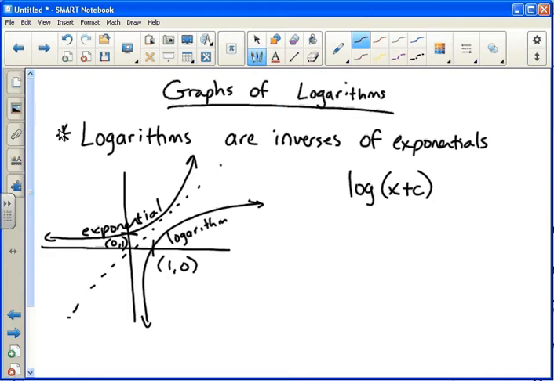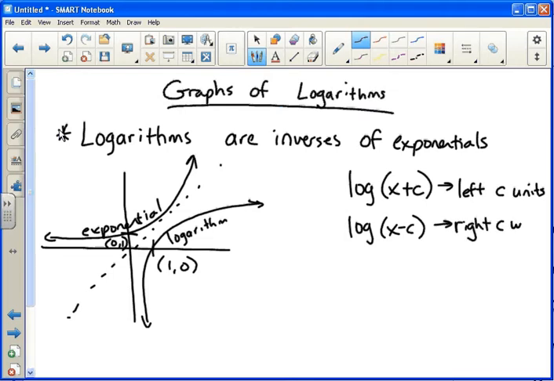If you add c, that means you are going left c units. In other words, if it was x plus 3, you're going left 3 units, or x plus 5, you're going left 5 units. Then the opposite, if you do x minus c, means you're going right c units.